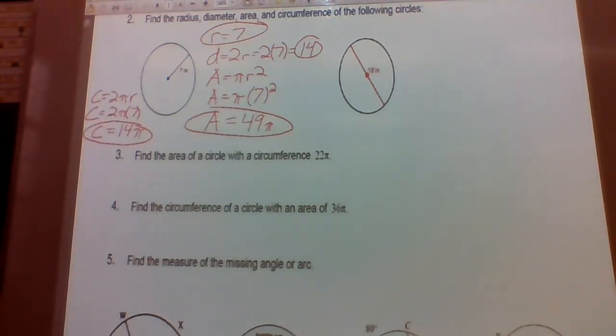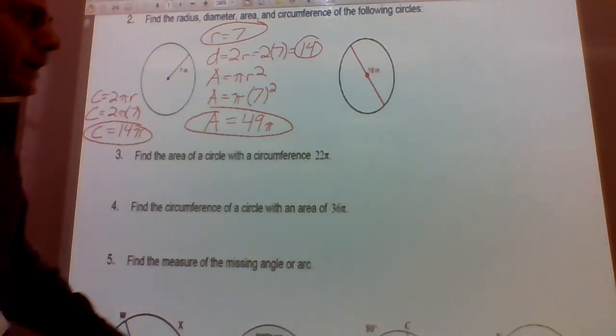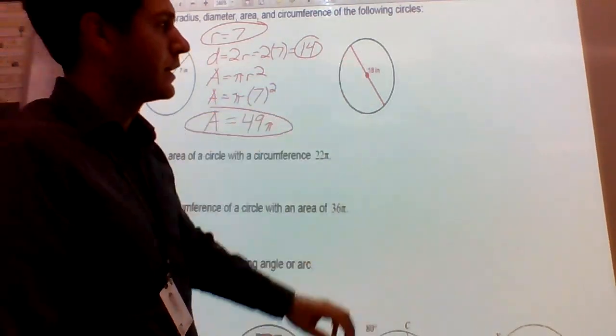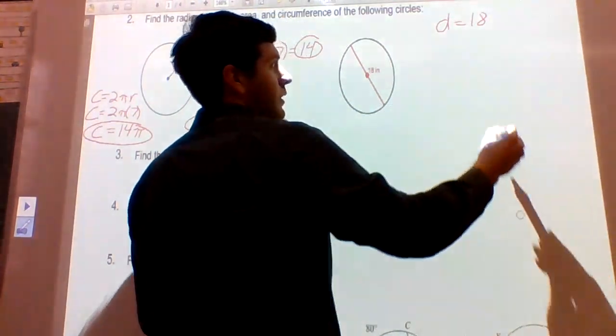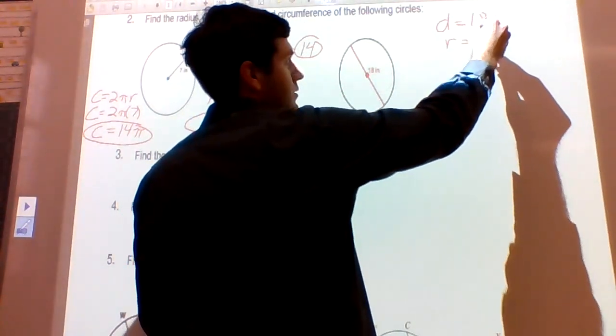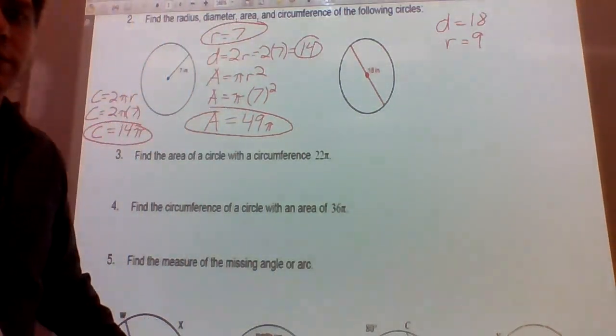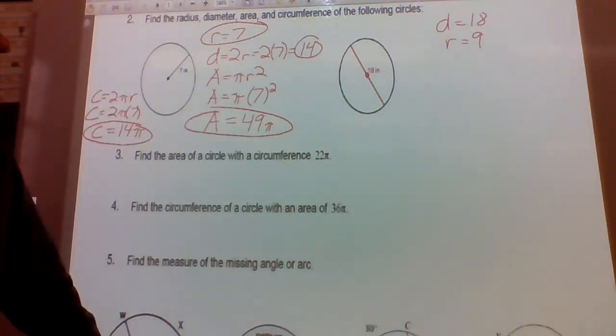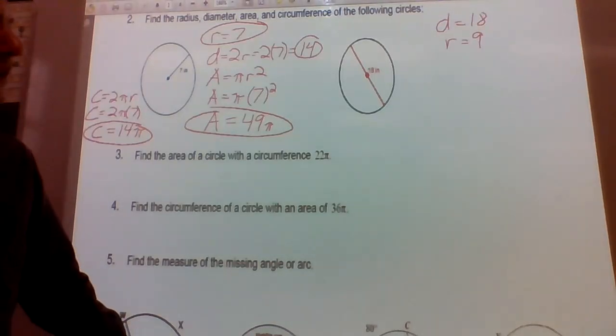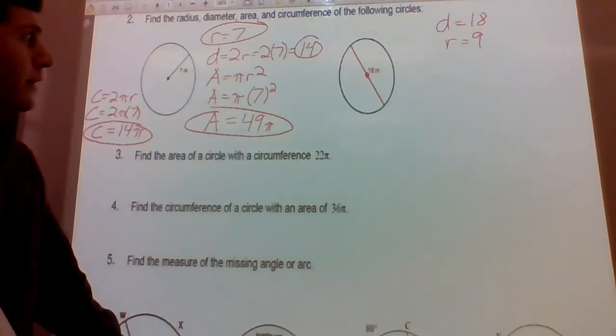Both are perfectly acceptable. The second one here, they are giving us a diameter. The diameter is 18. To find the radius, we have to divide by 2, so our radius is going to be 9. Radius is half the diameter, where the diameter is double the radius. We have to find area and circumference.